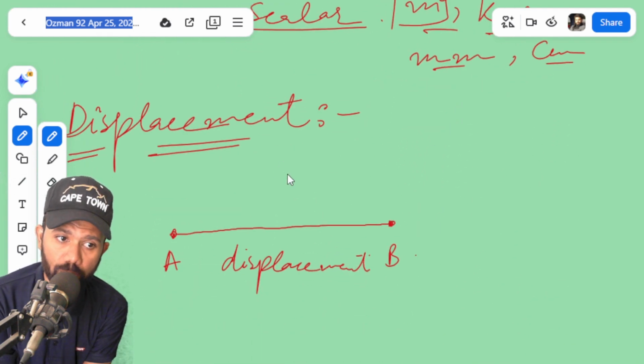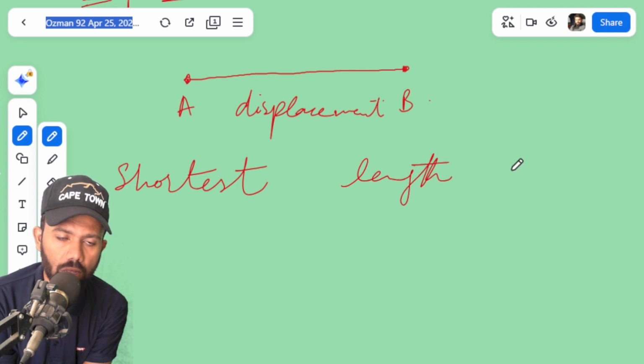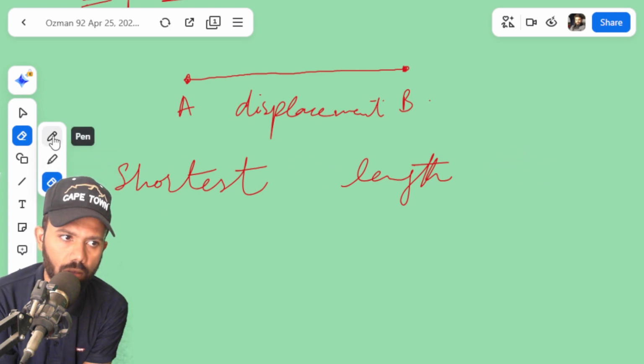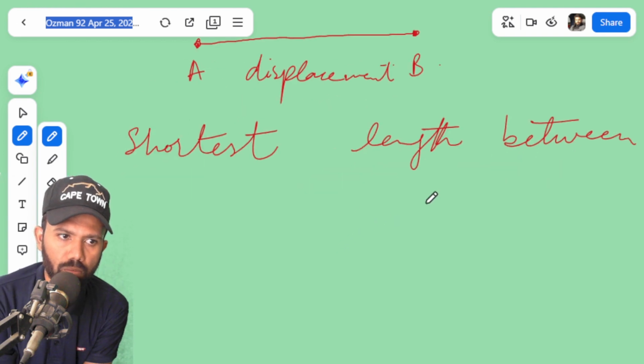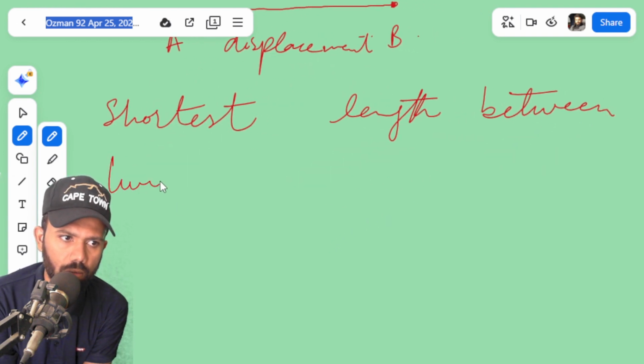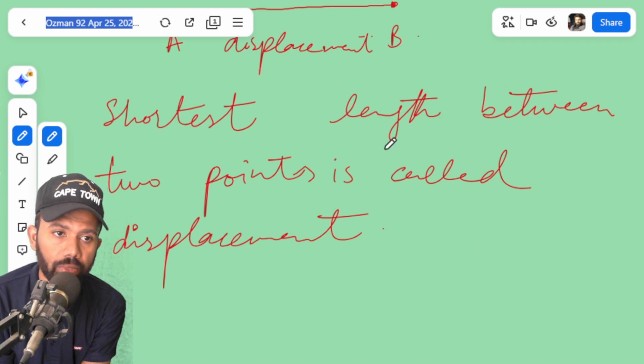And how do we define displacement? The shortest length between 2 points is called displacement, right?